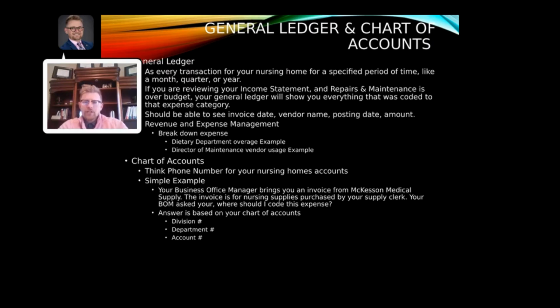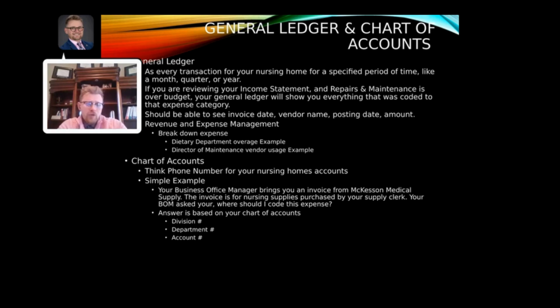So when you look at your income statement, and let's say your income statement is for the month of January, associated to that income statement should be a general ledger. So anything that you look up on that income statement, anything from Medicare reimbursement to raw food expense, you should be able to go to the general ledger and see every transaction that made up that account code.